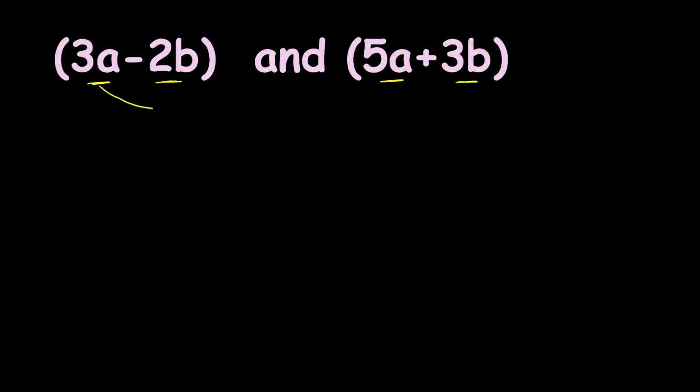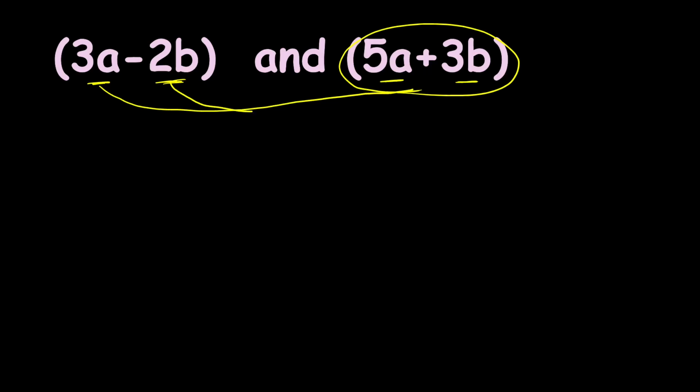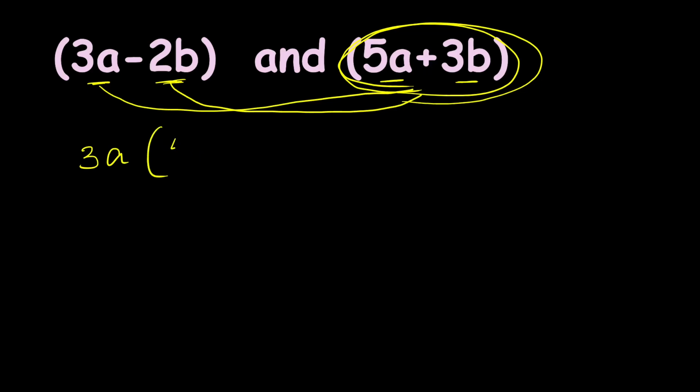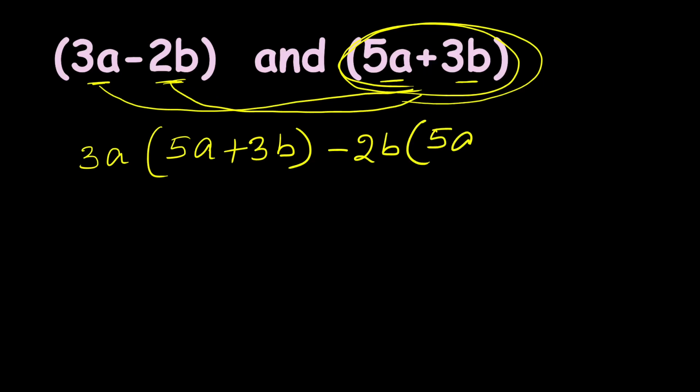That means 3a will be multiplied with the total expression first, then negative 2b is multiplied by the total expression. Let's write stepwise. 3a we have to multiply by 5a plus 3b. Here negative 2b multiplied by 5a plus 3b.